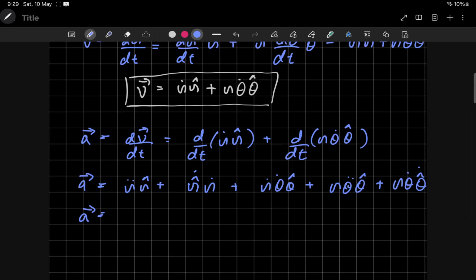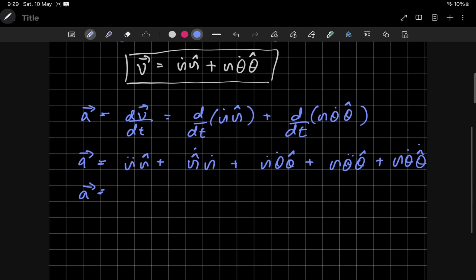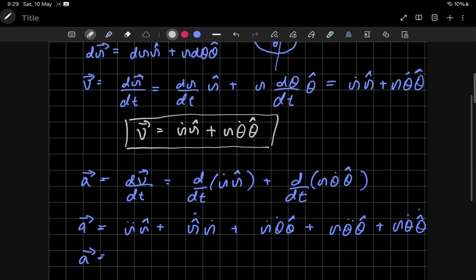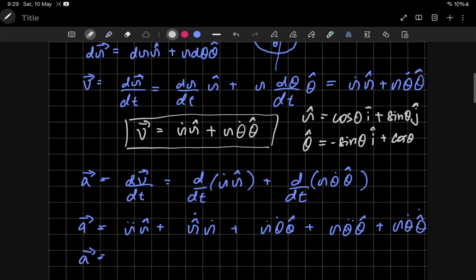Going back to the previous video, recall that we defined r cap as cos theta i cap plus sin theta j cap, and since r cap and theta cap are orthogonal to each other, theta cap is minus sin theta i cap plus cos theta j cap.